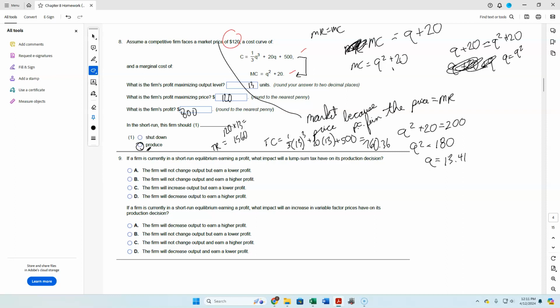Okay, number 9. Here we've got some definitional questions again. If a firm is in a short run equilibrium and it's earning a profit, what impact would a lump sum tax have?